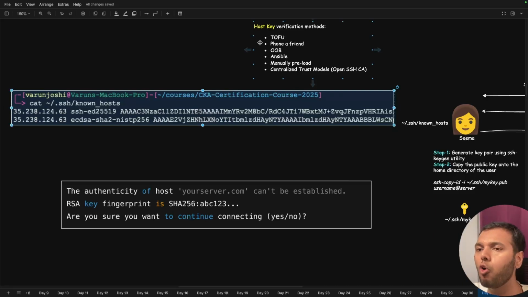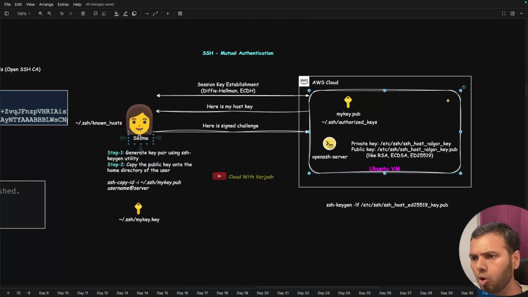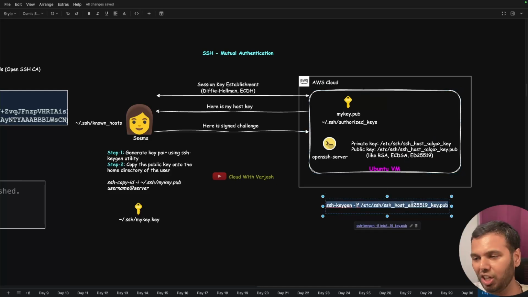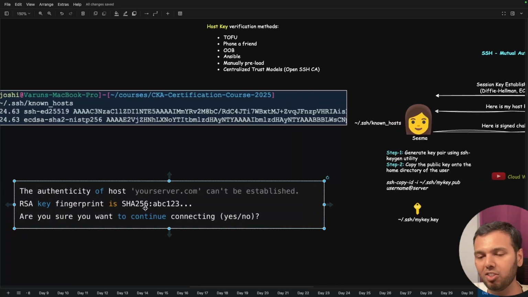Second is phone a friend. What does this mean? Seema calls a colleague who already has access to the Ubuntu VM using SSH authentication. That person can log into the server, figure out the fingerprint associated with this public key, and tell it to Seema, and then Seema can verify whether the told fingerprint matches the fingerprint she sees on her screen.